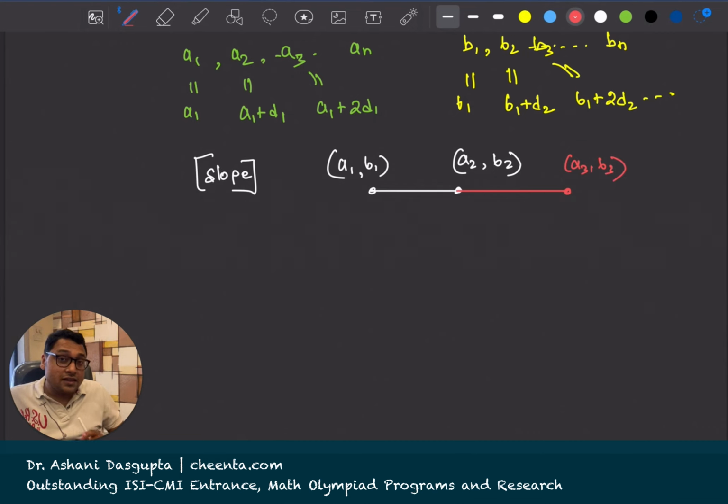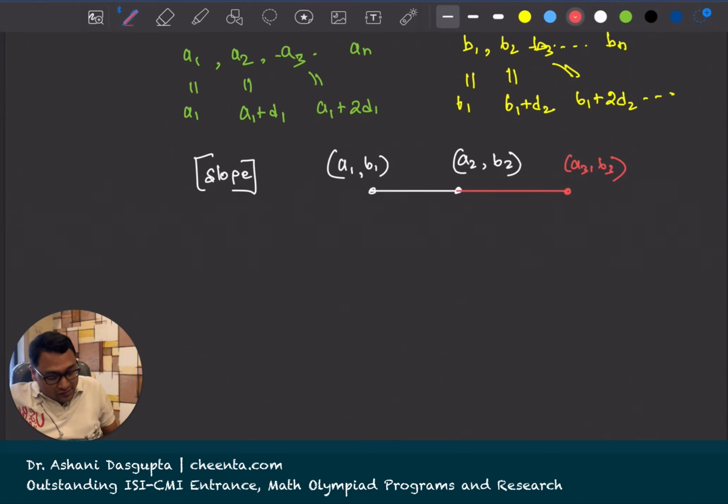Why? Well, to do that, you will have to review a bit of coordinate geometry. Slope tells you about the rise over run of a particular straight line, how fast it is rising per unit movement along the x-axis. So if that is equal over two intervals, then those two intervals are part of the same straight line. This is just a brief description, but you can go to any coordinate geometry book and look into it.